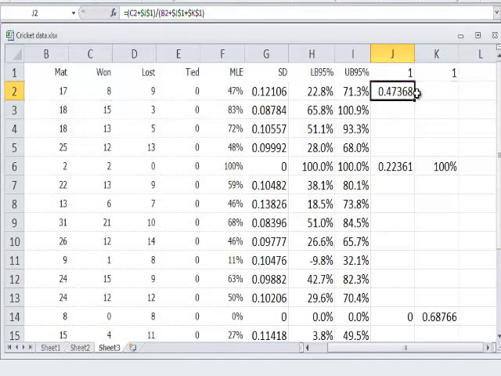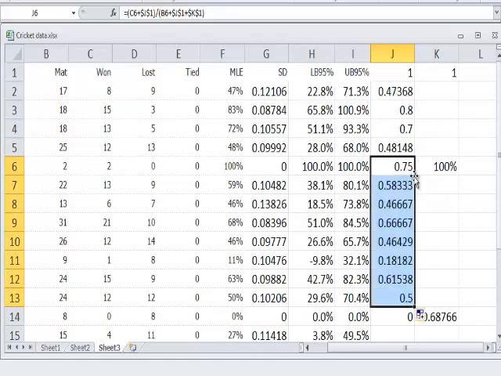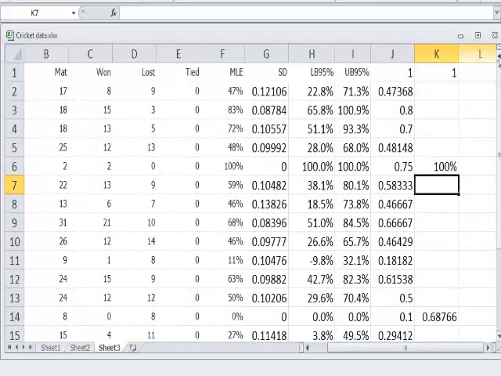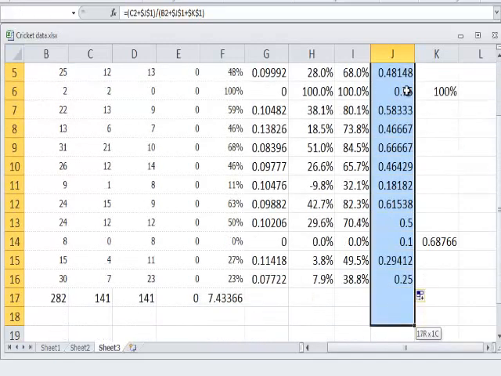Okay, so now this is not very different from the earlier one, but you see the Bayesian estimators are quite a bit better. Oops, I shouldn't have done that.